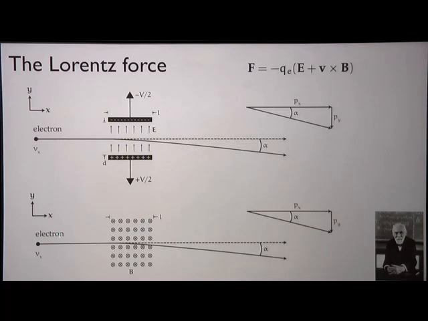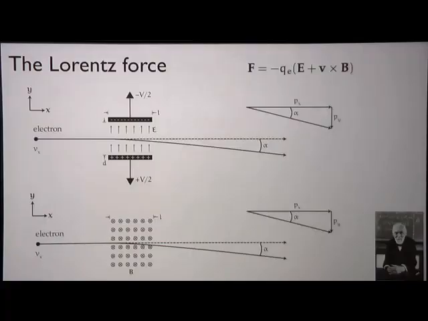Similarly, for a magnetic field, here the magnetic field is pointed out of the board, right? So it's going in this direction. And as you go through, the cross product between the velocity of the electron and the magnetic field causes the electron to spin off its normal path and into this trajectory. So this is the only way you can move electrons around, and one way or another, all electron lenses use this principle.